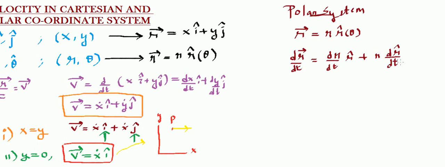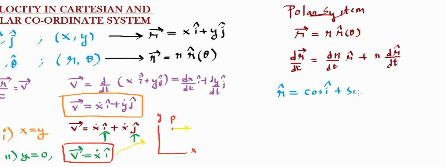Okay, this is not looking good, so we are going to make it look good by the following replacements. First, remember what was r cap? If you remember, r cap was actually cos theta i plus sin theta j.